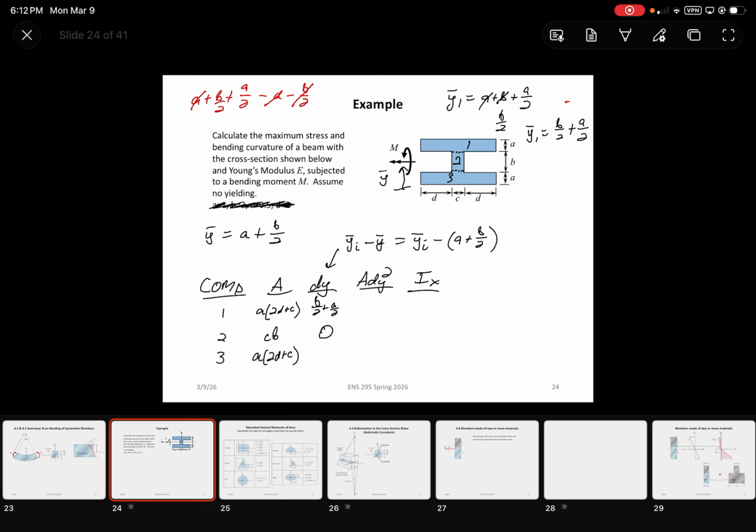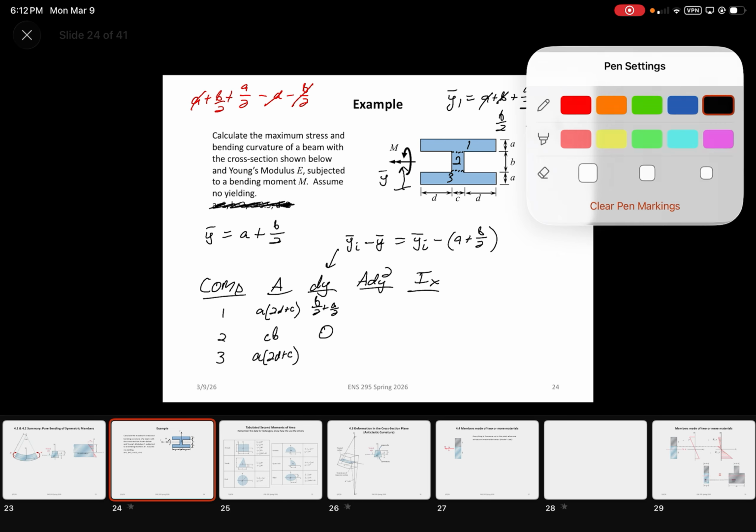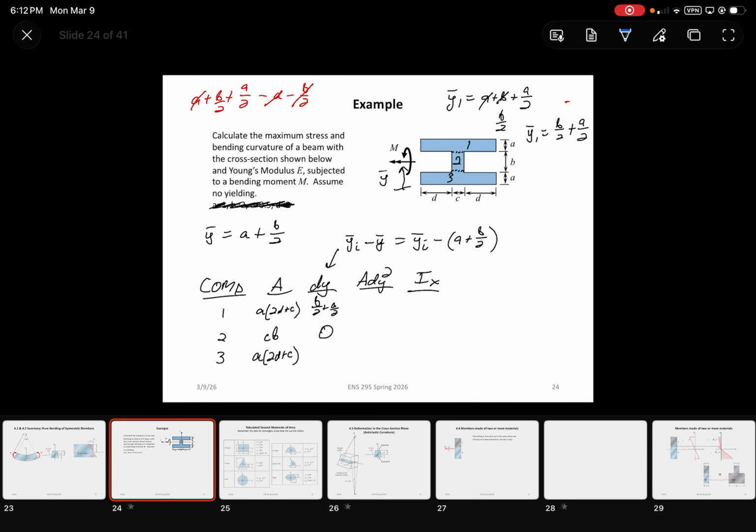And then for 3, it's just going to be a over 2. Let's see. We've got y bar 3 is equal to a over 2 minus a plus b over 2. So it looks like b over 2 minus a over 2? Yeah.